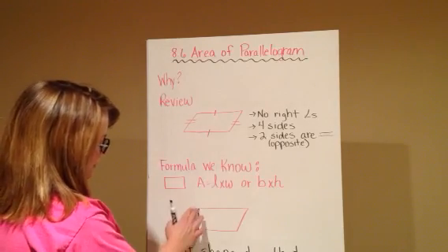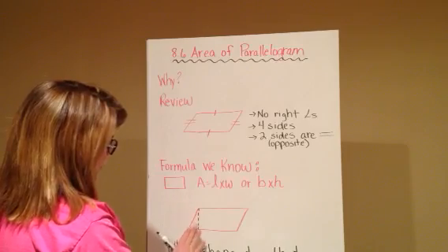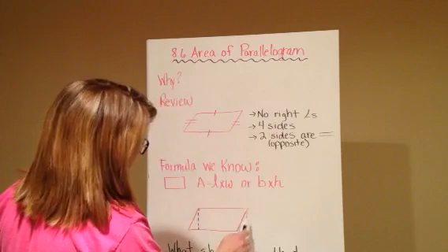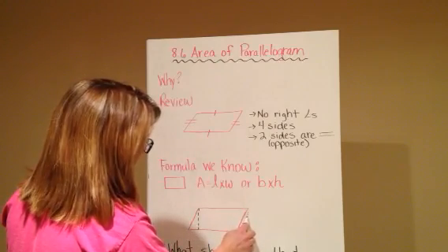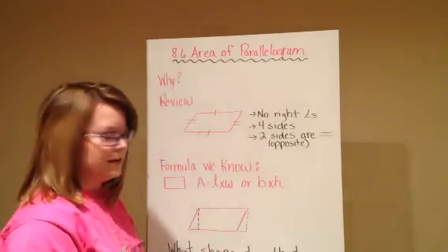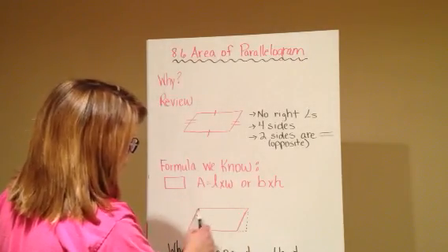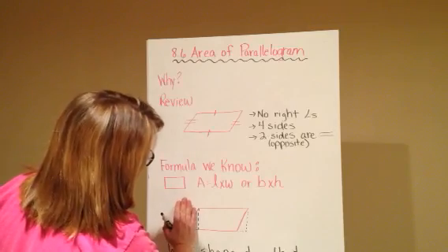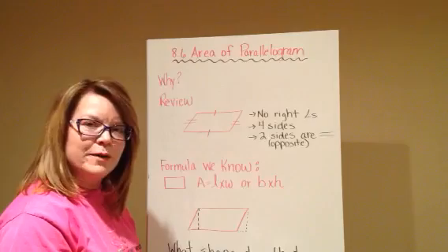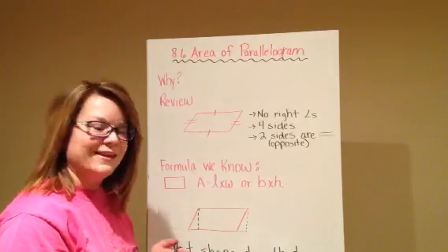Now, if I cut this triangle off and I were able to flip it and put it over here, magic, right? What shape would we have? What does that look like? Oh, you said rectangle, didn't you?